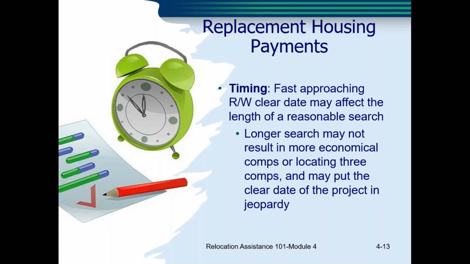A good example of this would be the house that ODOT is acquiring. It's a 5-bedroom. It has 3,000 square feet, a huge 2-car attached garage. Those are not going to be easy to find in the market. You go out and you find the perfect comp.